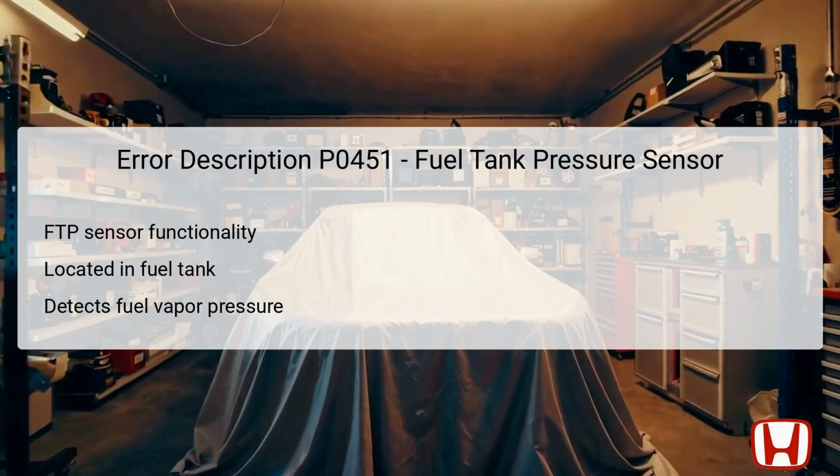If the sensor provides readings outside of its expected range or exhibits performance irregularities, the PCM will assess the situation and trigger DTC P0451. This feedback loop is essential for maintaining optimal emissions control and ensuring compliance with environmental regulations. Therefore, understanding the FTP sensor's role aids in diagnosing associated faults and taking corrective actions.